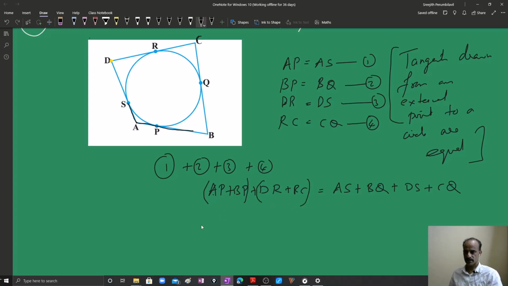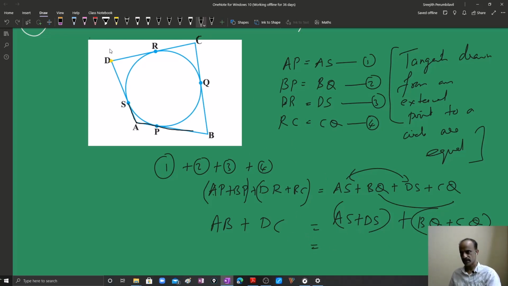AP plus PB is AB, and DR plus RC is DC. Now I rewrite this, rearranging: AS plus DS plus BQ plus CQ. AS and DS make AD, and BQ and CQ make BC. Hence, proved. So the trick is writing all these things on one side.